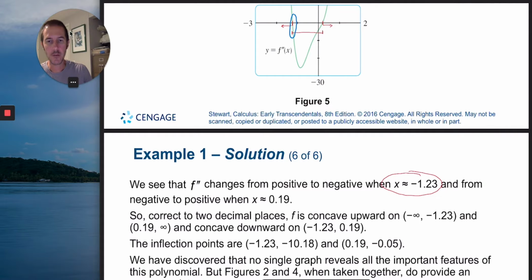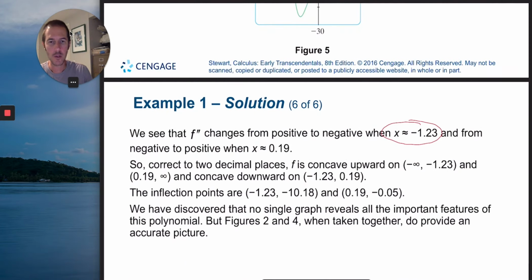The inflection point is a point that has that as its x coordinate, and the entirety of the answer to what is that inflection point requires a y value. This y value is obtained by taking the x coordinate and plugging it back into the original function f of x in this case.